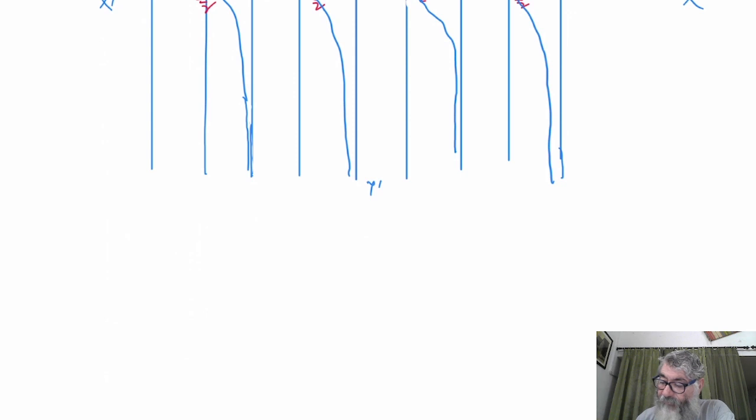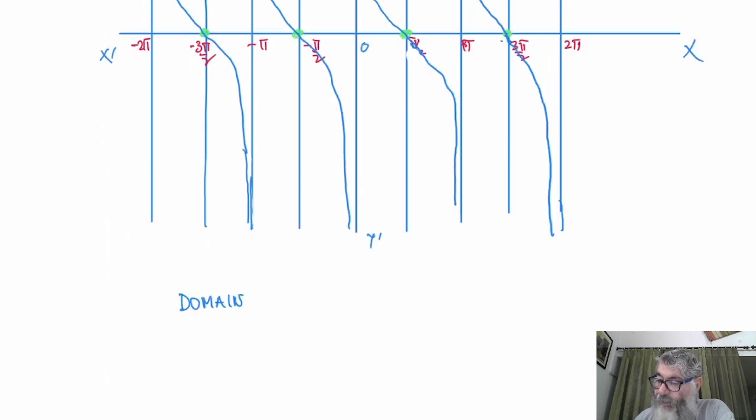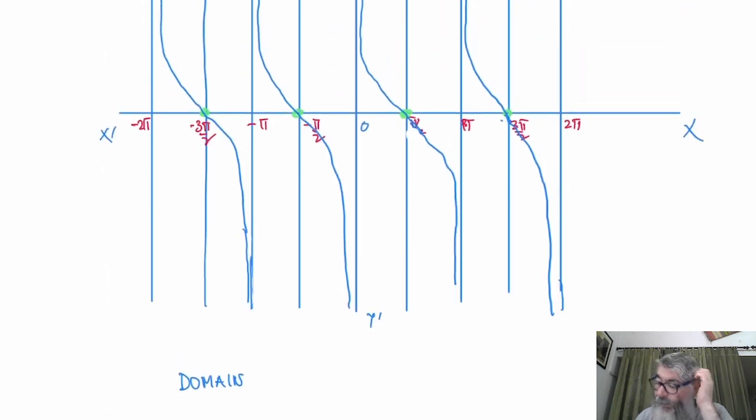So let us see for cot x what the domain is. Domain is where it is defined; it is not defined at n pi. So it will be R minus n pi.